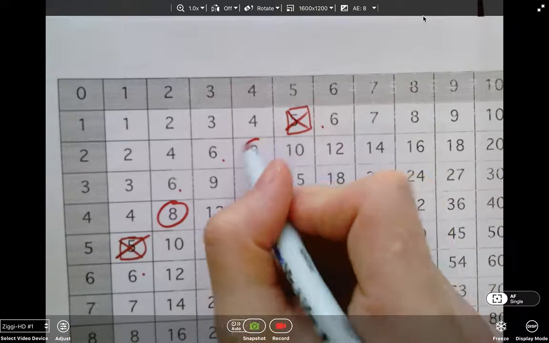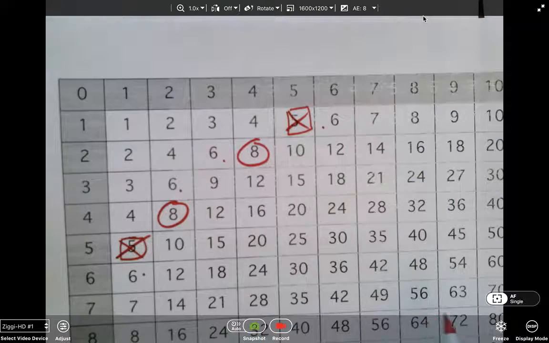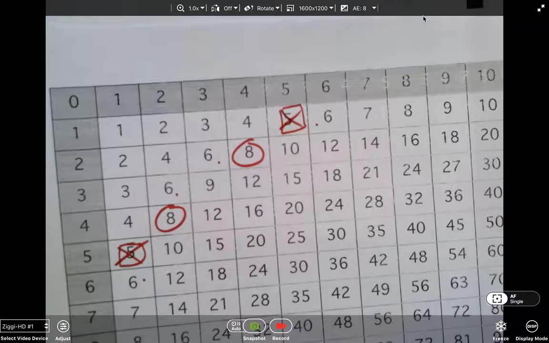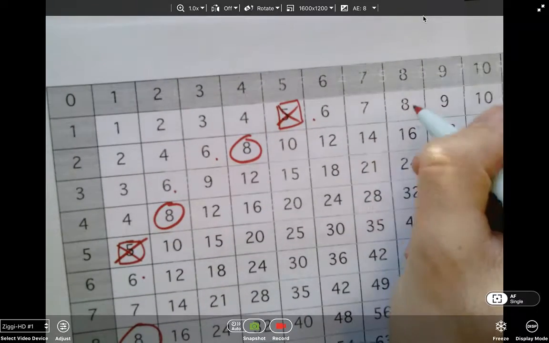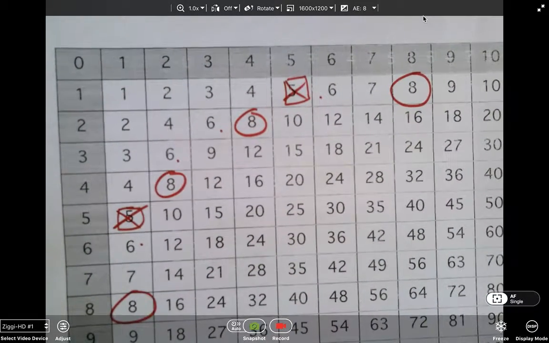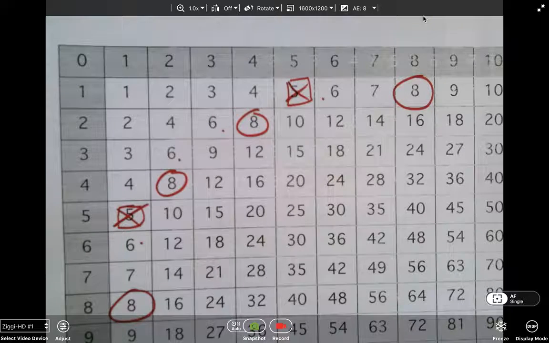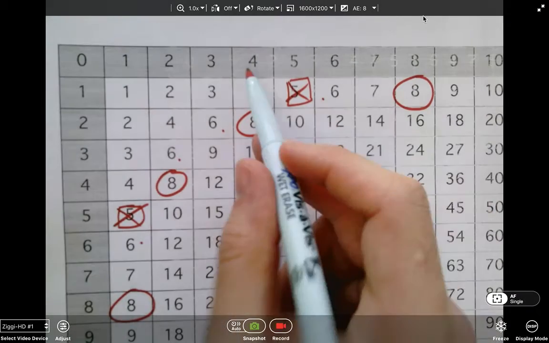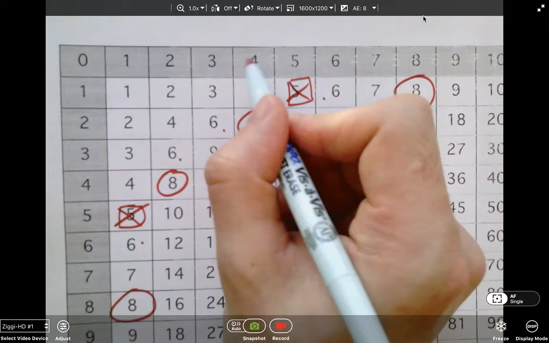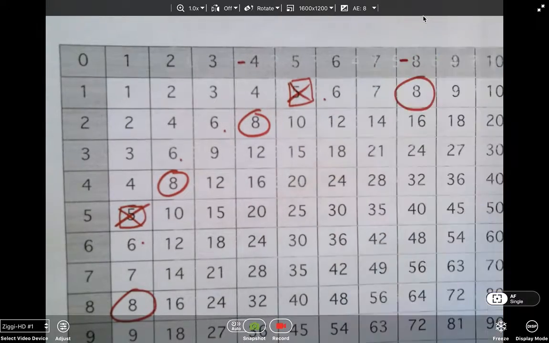Here's an 8, here's an 8, and that's it. That's the only way, oh, I'm sorry, down here, forgot about this one. So now, the only way it could be negative 8 is if one of these numbers is negative. So let's make this top row negative.